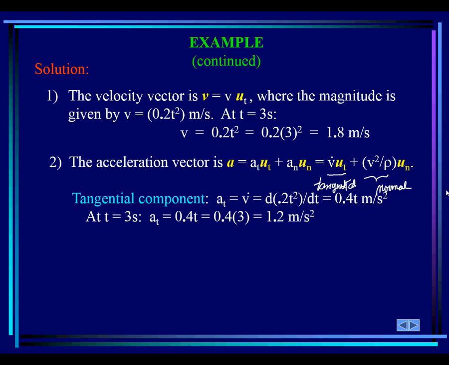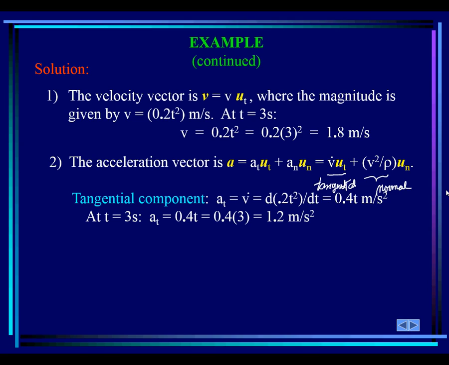The tangential component at would be the derivative of 0.2 t squared, which is 0.4t meters per second squared. So that's the tangential component of the acceleration.